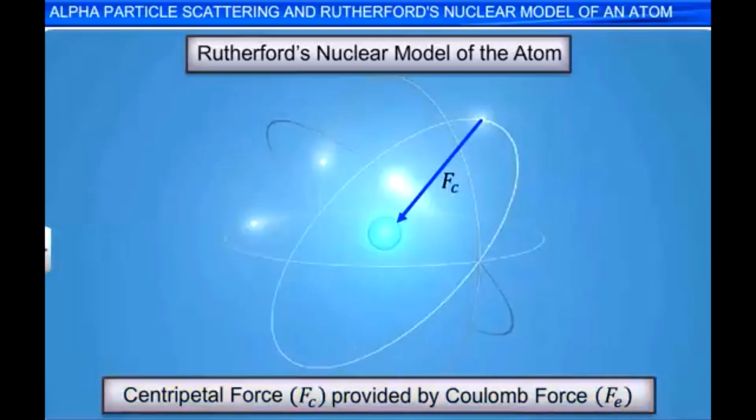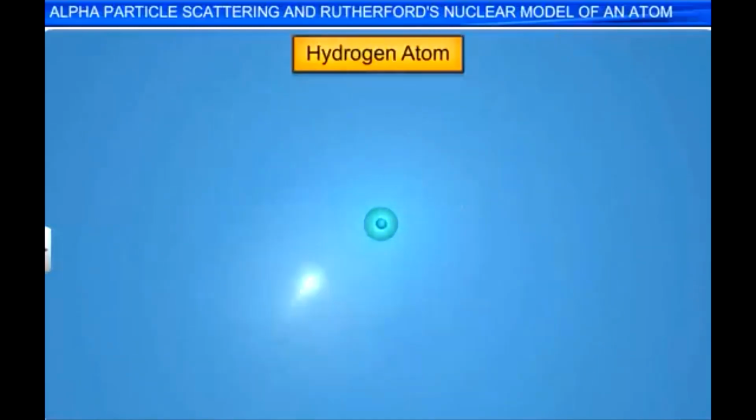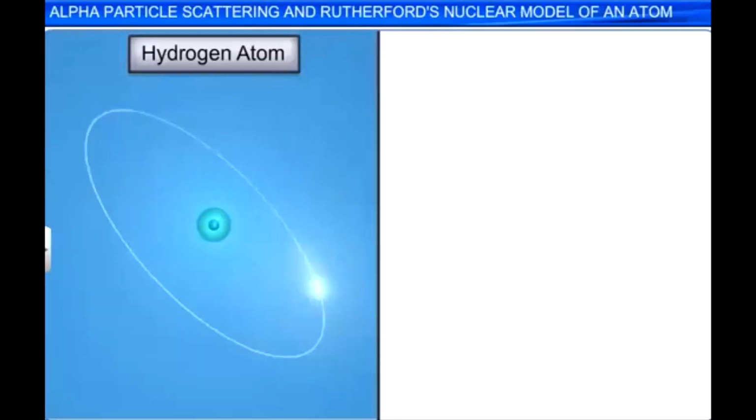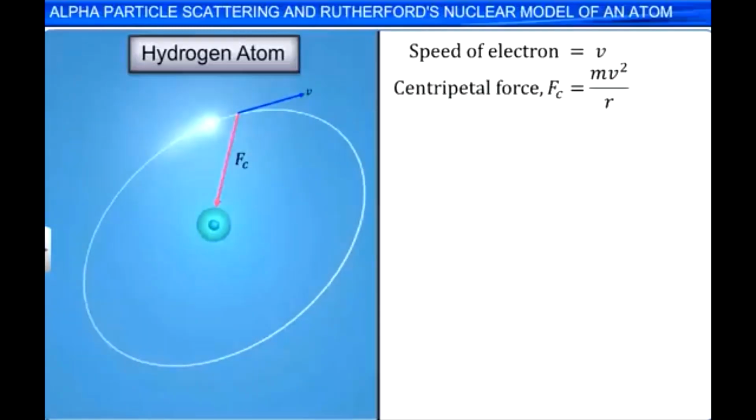Let us apply this concept to the case of a hydrogen atom. A hydrogen atom consists of one electron revolving around its nucleus, which is actually the proton. For the electron revolving with speed v, the centripetal force Fc is equal to mv²/r.